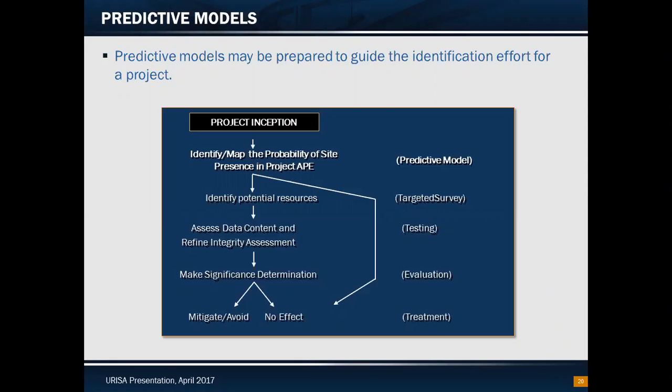You can put in the predictive model first, and when everybody agrees with it, you can use that to limit the areas where you actually go into the field and survey for resources. That way, part of the area you're simply shortcutting to no effect, and concentrating on other parts of your overall landscape.